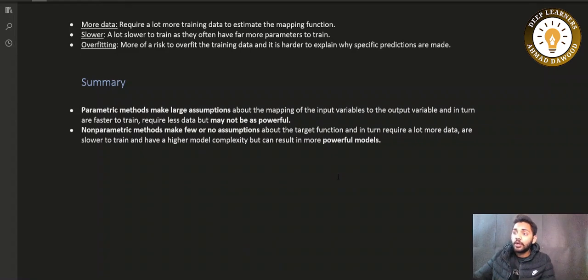But on the other side, non-parametric models make few, or in simple terms you can say no assumption about the functional form of your inputs and outputs. So they have more power, more flexibility, but again they are totally dependent upon the training instances. If your data is less relevant or has some irrelevant features or is not explaining the total patterns of the distribution, then it can go towards overfitting and will not be able to generalize to your unseen data for now.